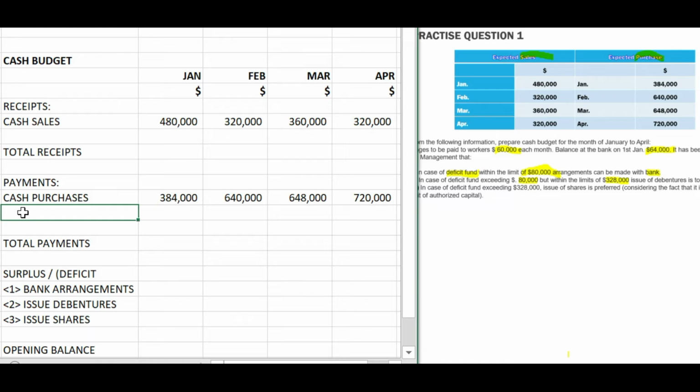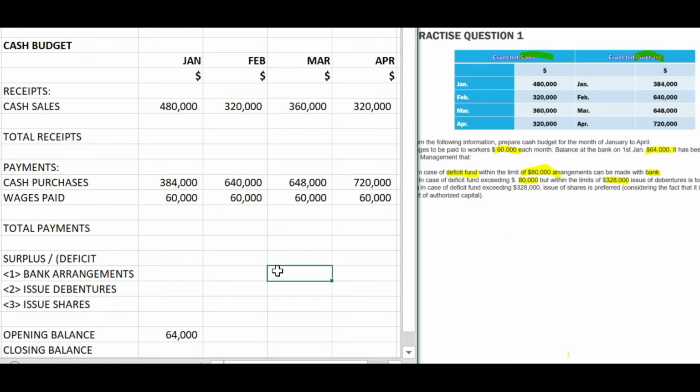So we write here wages paid, 60,000 per month. Just drag it. Now let's insert the opening balance, 64,000, here. So we have finished all the requirements.